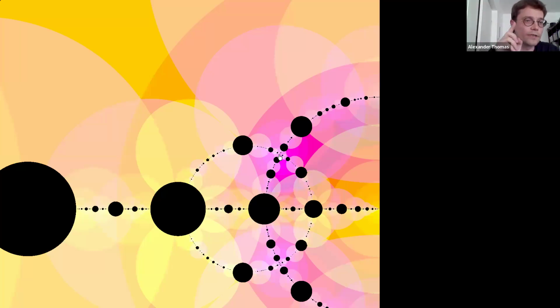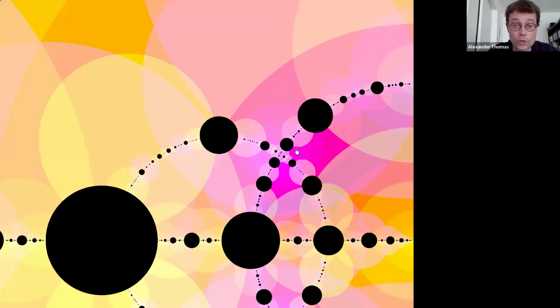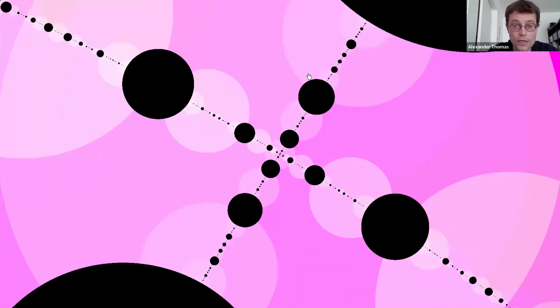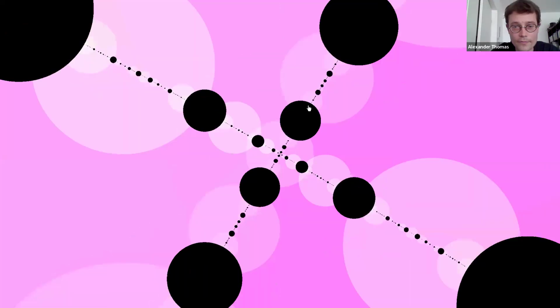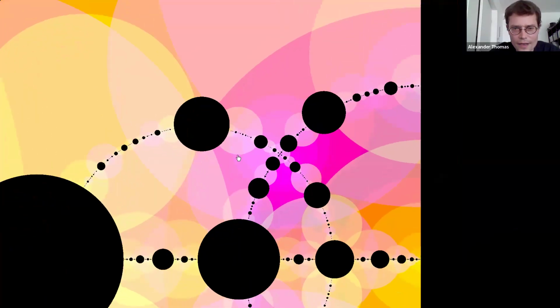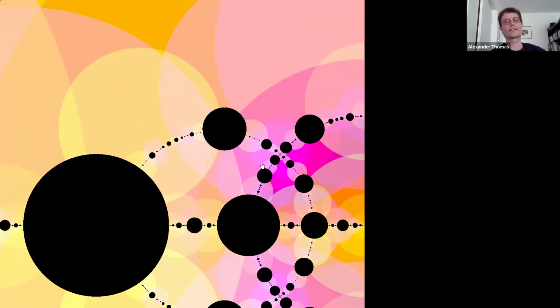But i is not in our field. So this means that it's just a point. And this is actually what I can do: I can zoom in. And indeed, i is just a point. And you see in particular that these two necklaces nicely stay apart from each other. Great. And then there's a final thing.